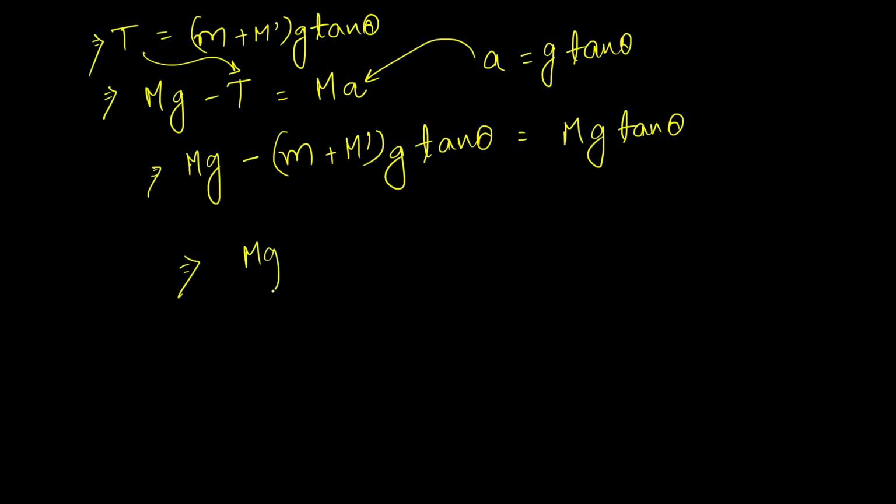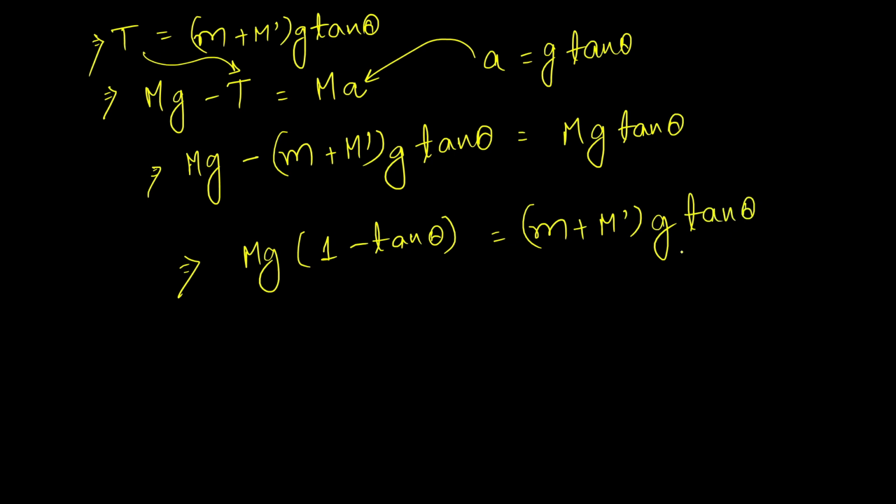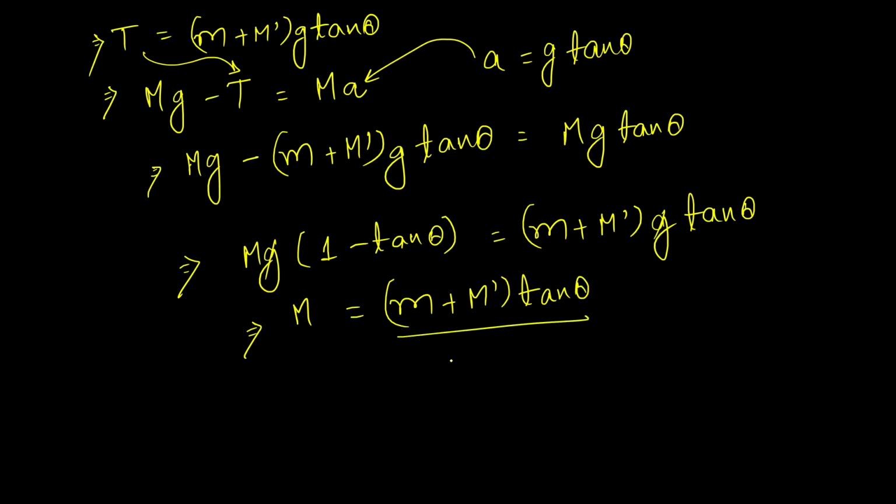So that can be written as Mg (1 minus tan theta) equals (M plus M dash) g tan theta. So from here g cancels out, and M can be written as (M plus M dash) tan theta upon (1 minus tan theta), that is equal to (M plus M dash).